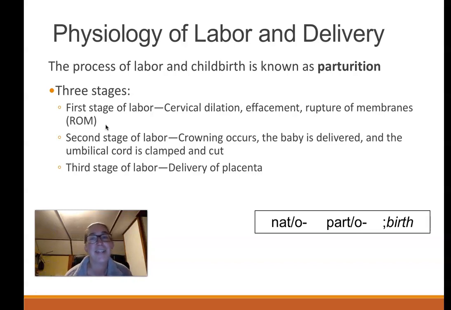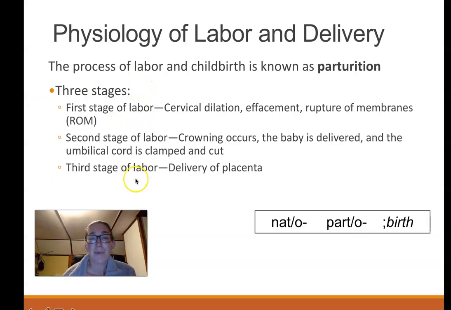And then there's the third stage of labor, which I don't even think I realized until I was pregnant. They never show you this part in the movies. They do all the time in Call the Midwife. But the third stage of labor is the placenta needs to come out as well. The other end of the umbilical cord is attached to the placenta, and it also needs to leave your body. And so that's the third stage.